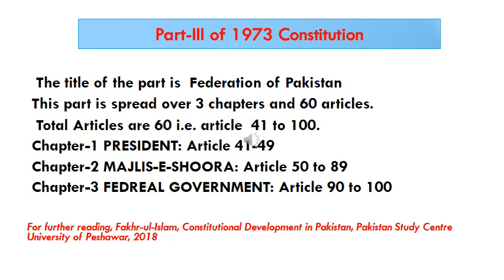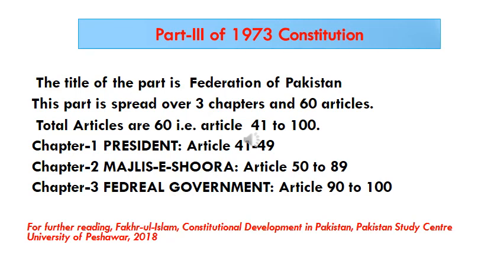Another important qualification for the President is that he must possess all those qualities and qualifications which are necessary for a person to become a member of the National Assembly. Now, how can a person become a member of the National Assembly?